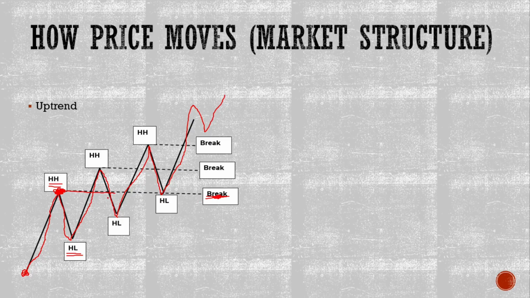The only time you mark these points is when it makes that break. The only time I'll mark a higher low and higher high is when it finishes that break. If it does not break, I will not mark these points. So the break confirms the marking of the points.